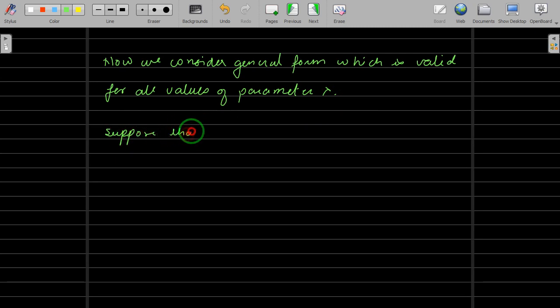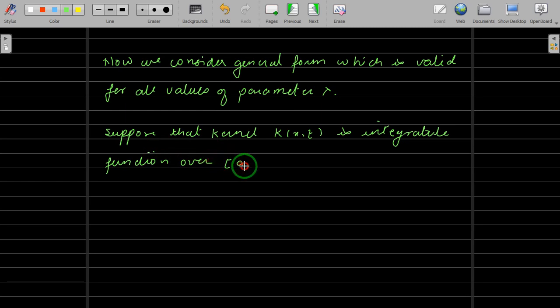Right, now for this, let us suppose that our kernel K(x, t) is an integrable function over a comma b. That means we can integrate this kernel K(x, t) over the interval a comma b with respect to both the variables x and t.